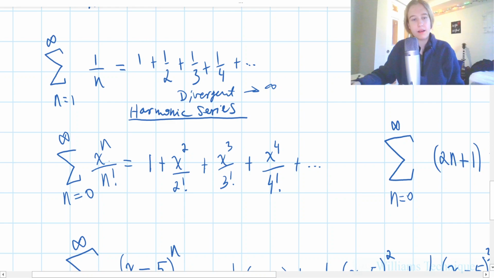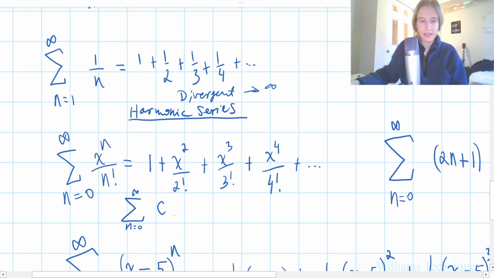Okay. Now, next we have the sum from n equals 0 to infinity of x to the n over n factorial. So we see that this starts at 1 plus x squared over 2 factorial plus x cubed over 3 factorial plus x to the 4 over 4 factorial and so on. So what do we make of this?